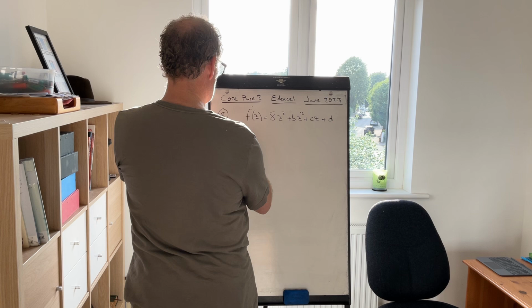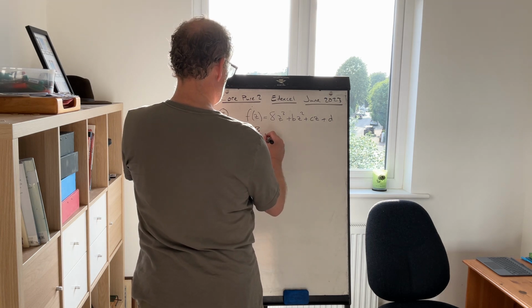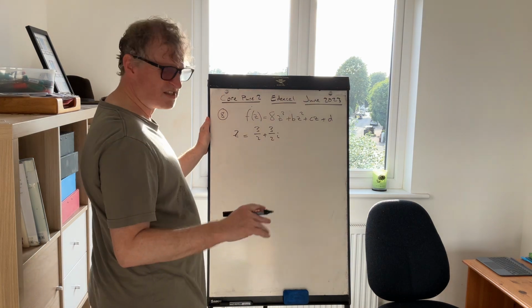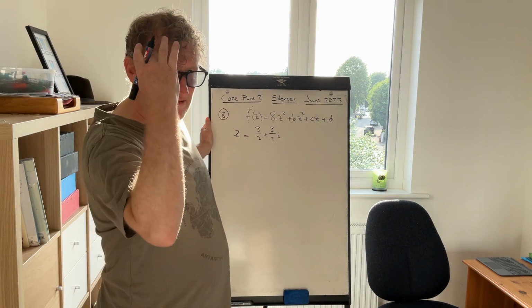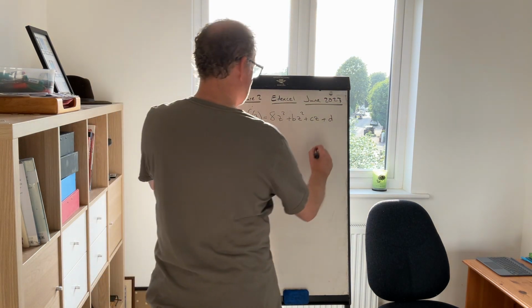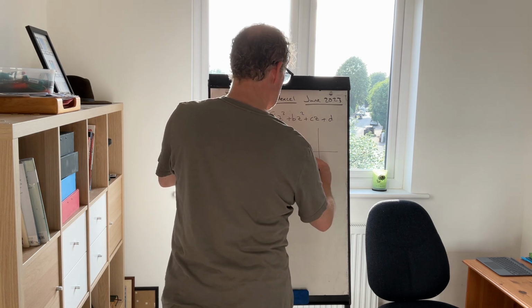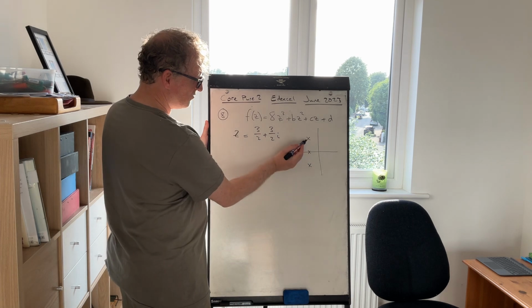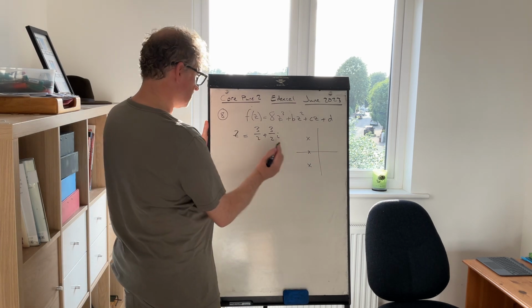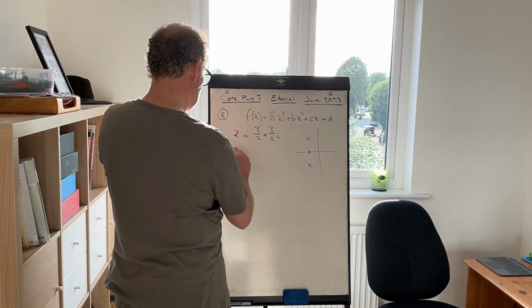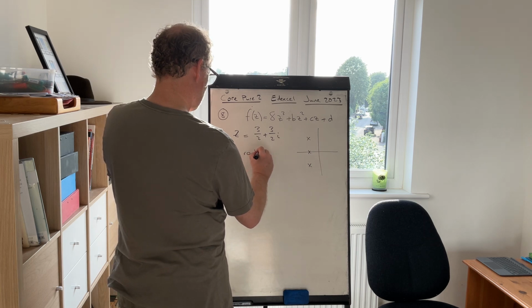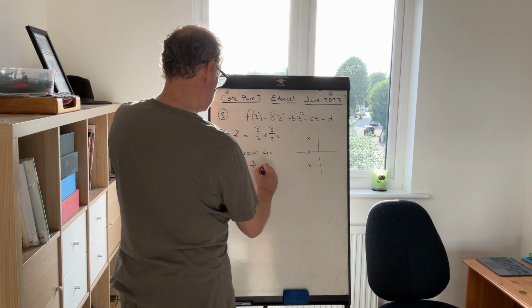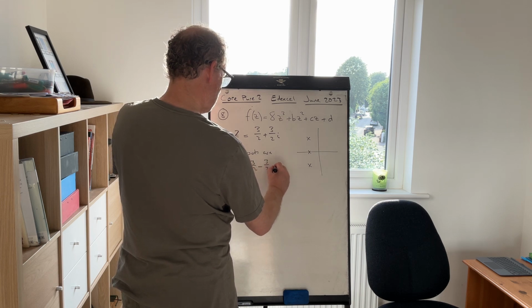So if we've got one of the roots being 3 over 2 plus 3 over 2i, remember that situation I've just described. And it's quite a difficult one to do if you haven't fathomed it out from part A. If we've got a complex root, we've got that situation, haven't we? Where the other root is obviously going to be the conjugate of it. So straight away, we know the other roots are z equals the conjugate of that, so 3 over 2 minus 3 over 2i.